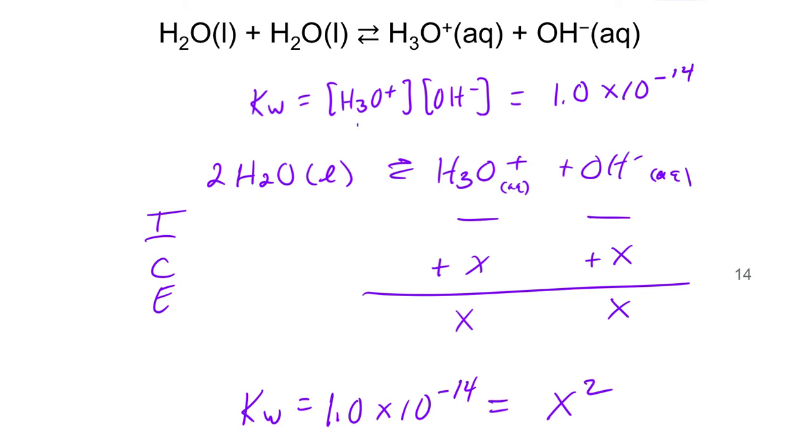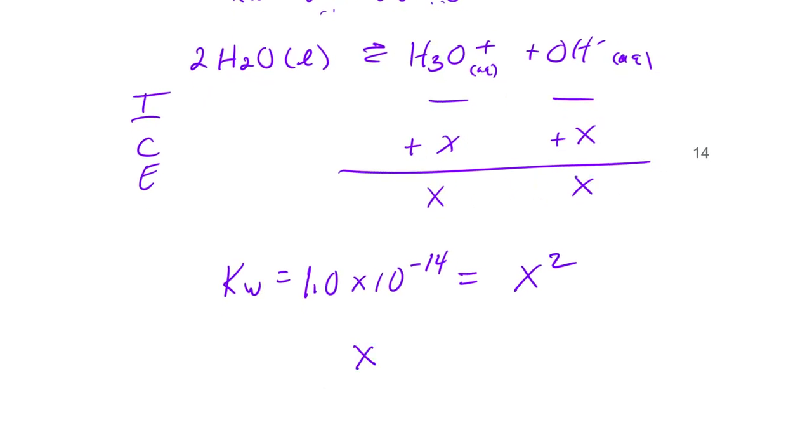If we plug our X values in, we get X squared, and if we solve for X, taking the square root of both sides, X is equal to 1 times 10 to the minus 7 moles per liter.